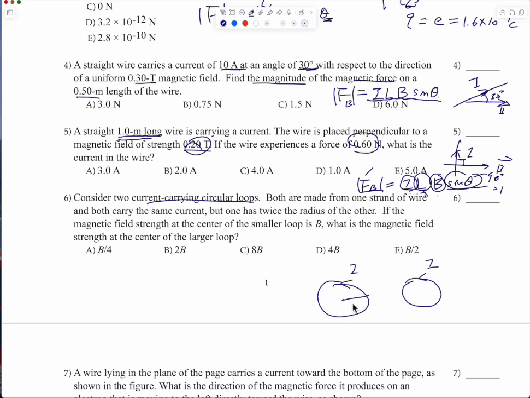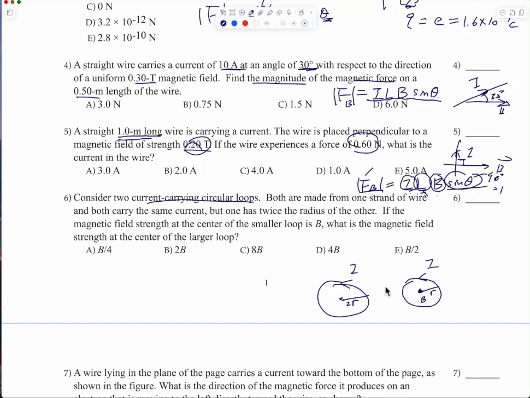So one has radius R and the other has radius 2R. If the magnetic field strength at the center of the smaller loop is B, what is the magnetic field strength at the center of the larger loop?